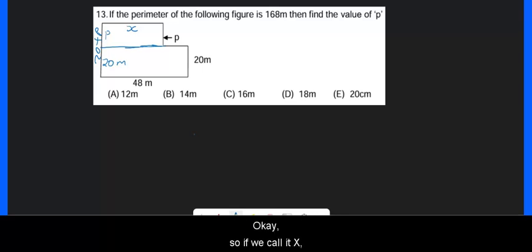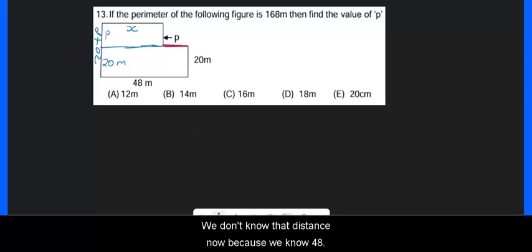Okay, so if we call it X, the question is, we are left with one side, so we know that side. The whole of this side is X. Now, what is this portion here? I'm going to put that in red. What is this distance here?